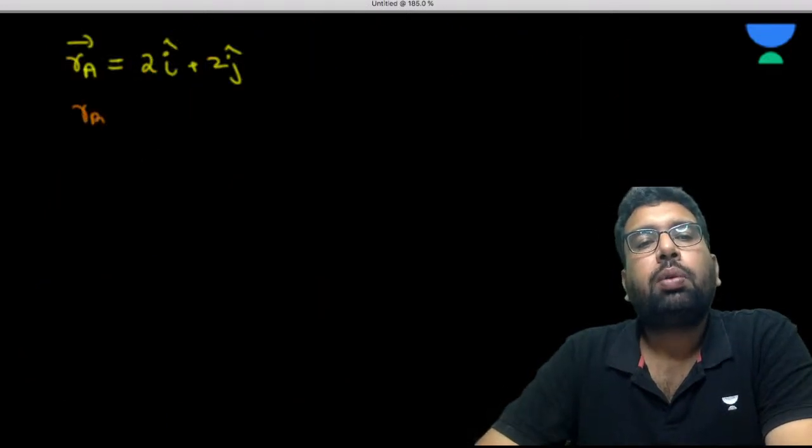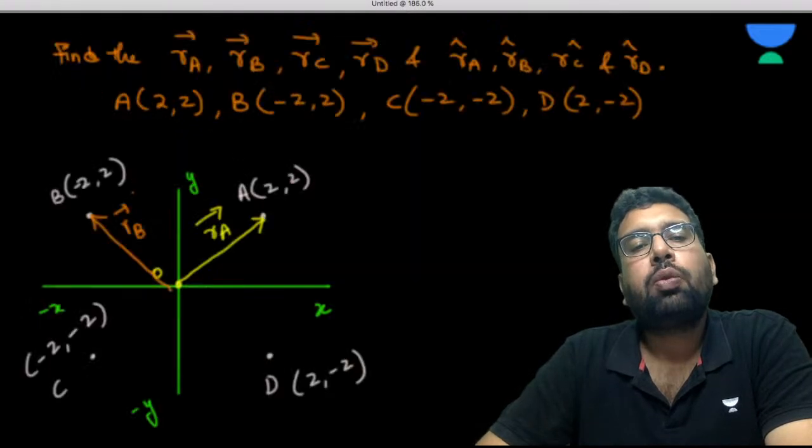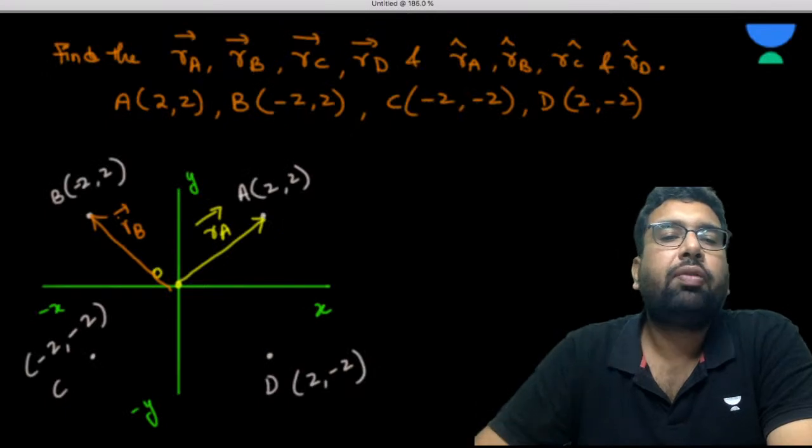And what is going to be your R B vector? It is going to be minus 2 of i cap, that is its coordinate in x, plus 2 of j cap, that is its coordinate in y.